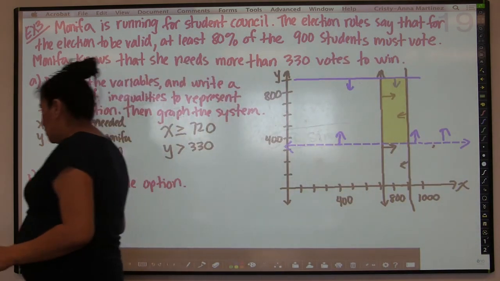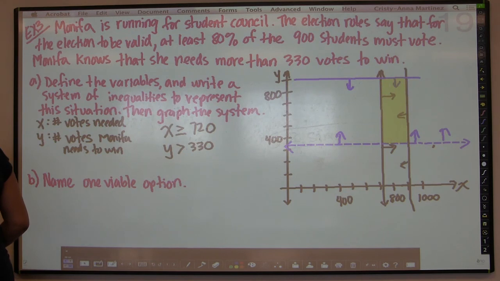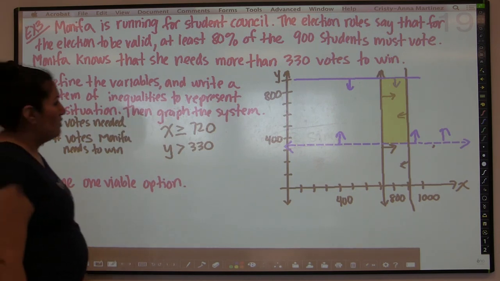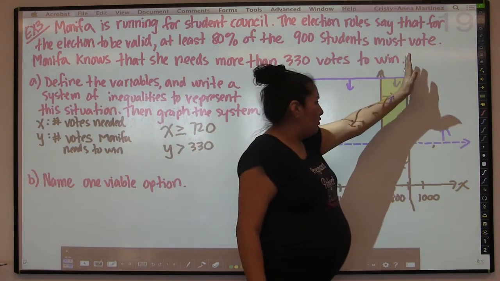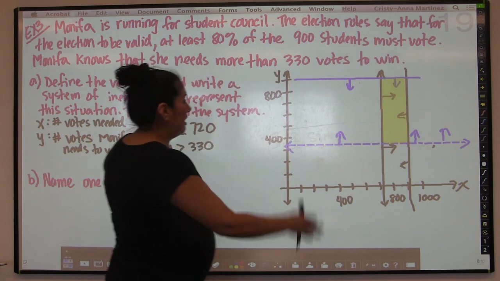Okay, so just keep in mind why we put the 900 there. If only 900 students are there, then only 900 votes can happen. It wouldn't make sense to have 910 votes if there's only 900 students. No one can vote twice. So that's why there's a cutoff at 900 on the y-axis, and also a cutoff at 900 on the x-axis. So you get a little rectangle.